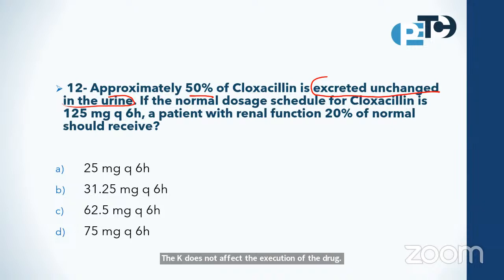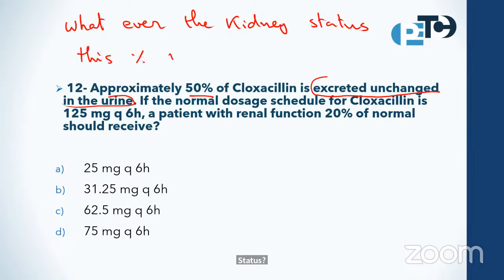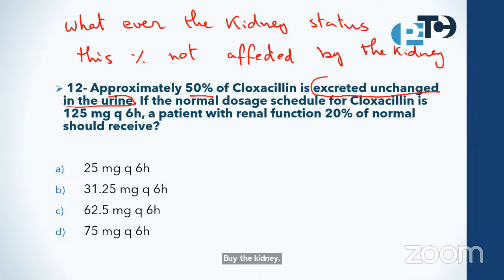What does this mean also? Whatever the kidney status, this percent is not affected by the kidney. Even if the kidney is not working at all, at 0% function, this amount will be excreted from the body.